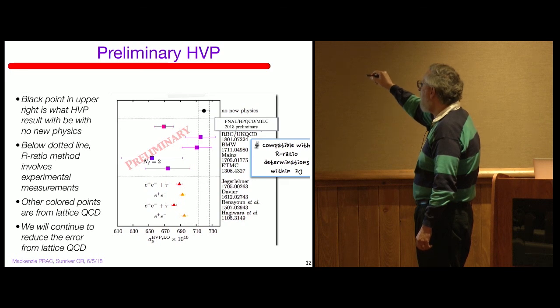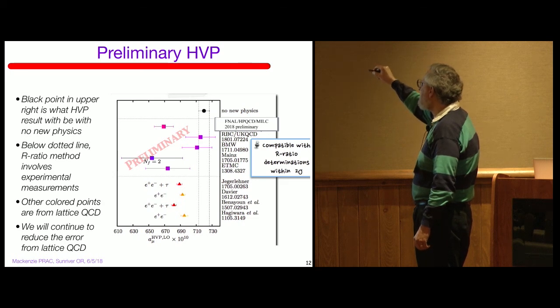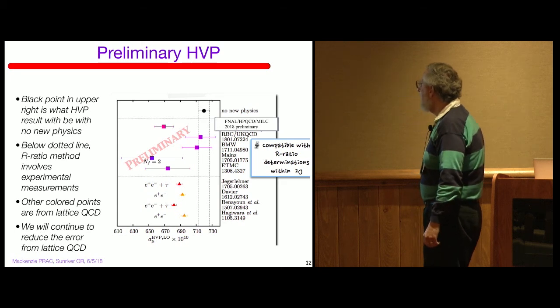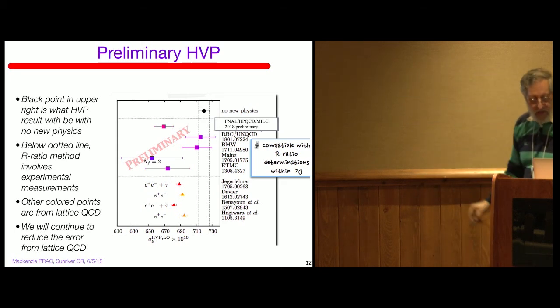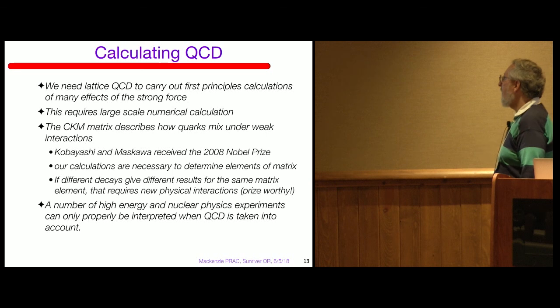At the moment, it's preliminary for one thing, and it's kind of in line with some new physics. Here are some other recent calculations from last November and this January from two competing groups. And there's a meeting in about 2 weeks to go over everyone's results and see where we are.